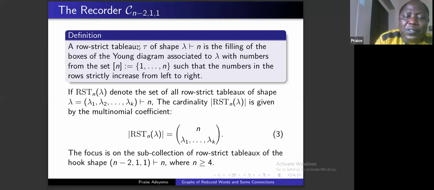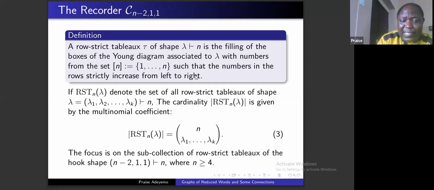So a row strict tableau of type tau of this shape is a filling of the Young diagram associated with this shape with the set 1, 2, 3 up to n, such that the numbers in the rows strictly increase from left to right. I'm going to give an example of such now.